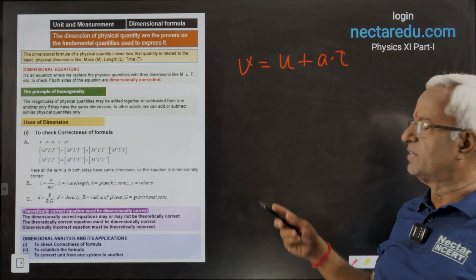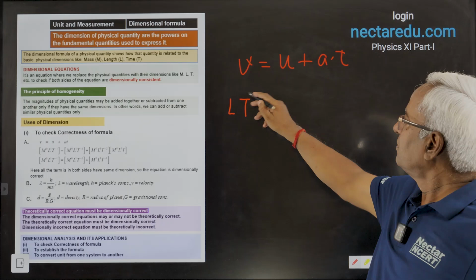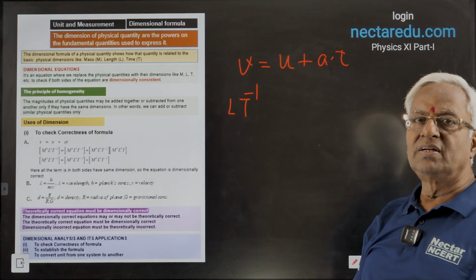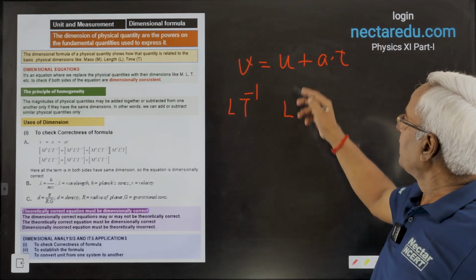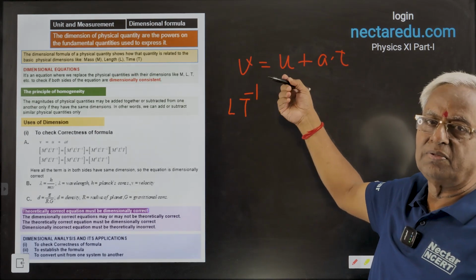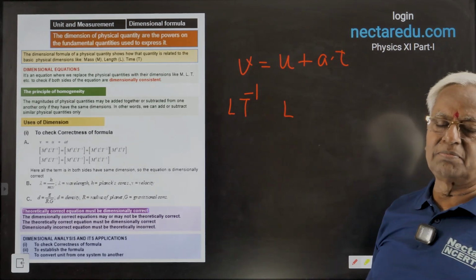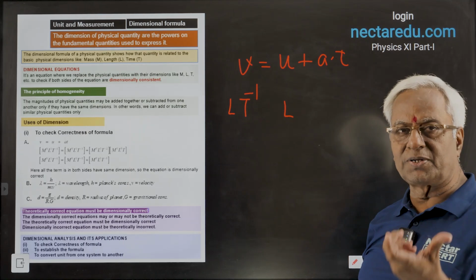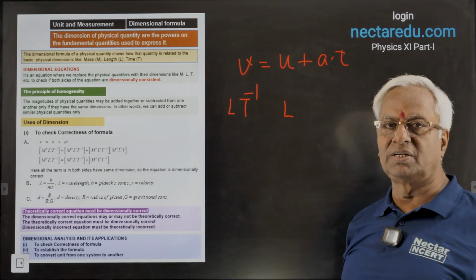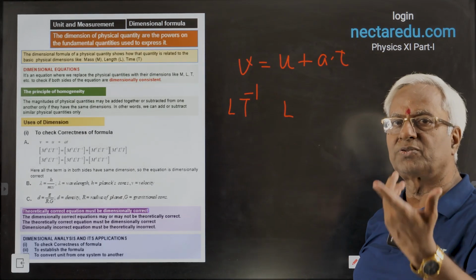Take an equation whose left side is LT minus 1. On the right side, there is velocity: final, initial, or any velocity, that doesn't matter. Velocity is always velocity and has dimension LT minus 1.